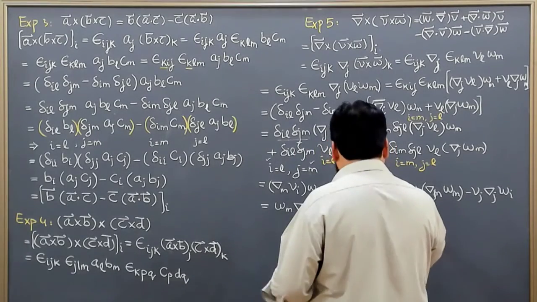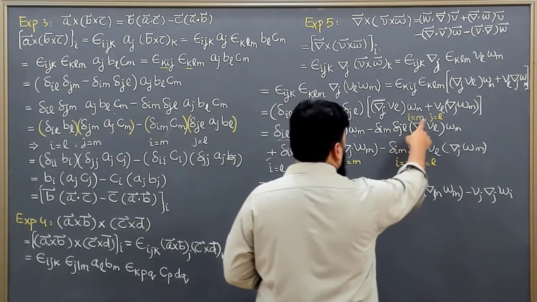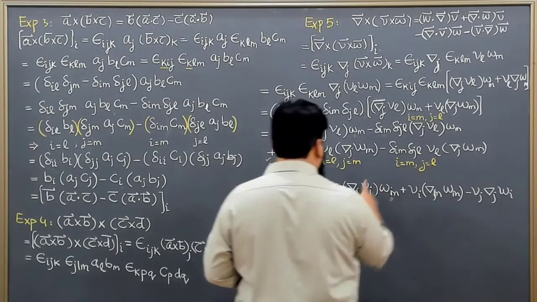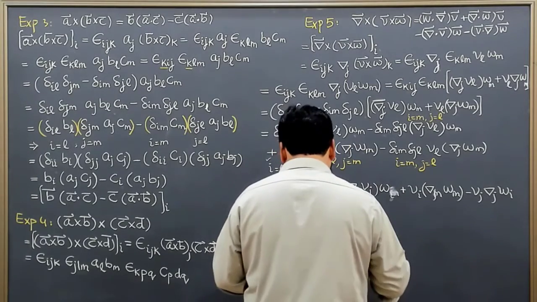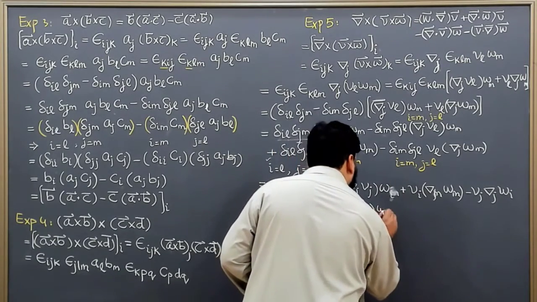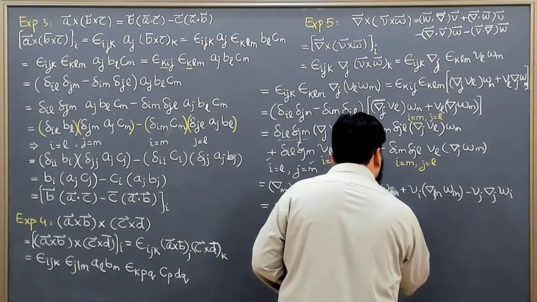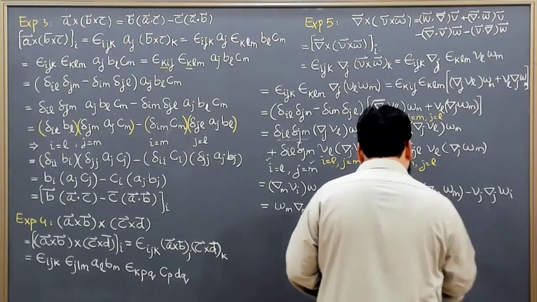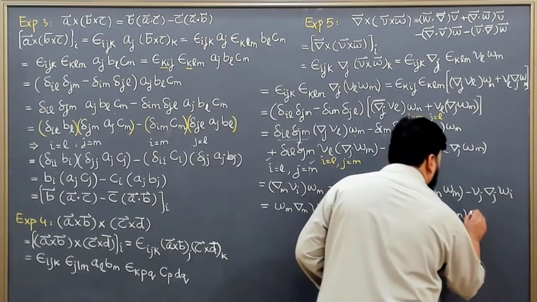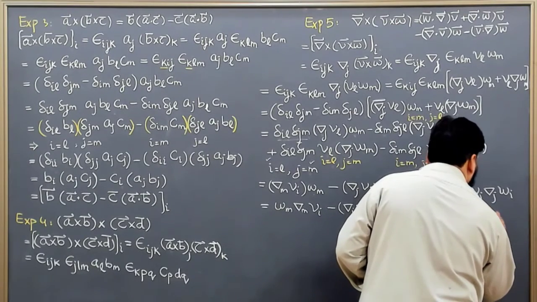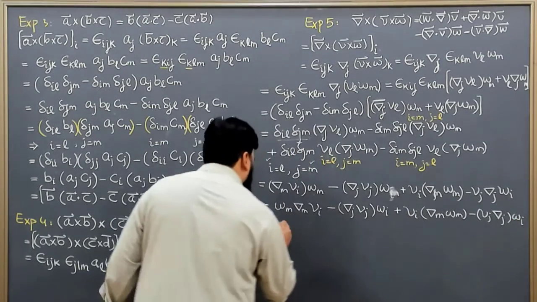And here when we were writing W_M for the second term, we have written I is equal to M. So we will have to keep the ith component, so this one is equal to the ith component, and this we have the ith component, this we have the ith component, plus this is V_I and del_M W_M minus V_J del_J and W_I. So this I can now write very easily.